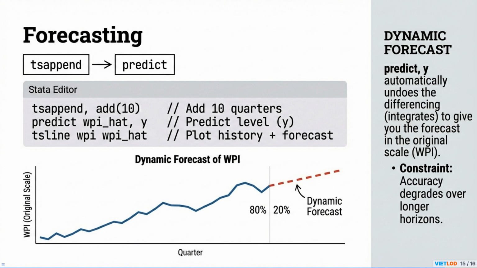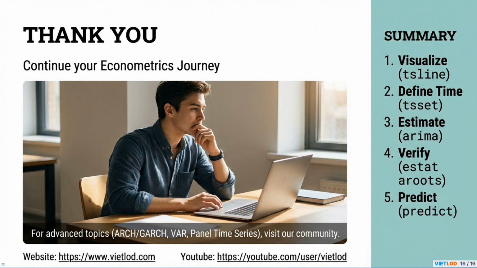The forecasting process involves two main commands. First, we use the tsappend command to extend the dataset by adding new time periods for which we want forecasts. For example, tsappend, add(10) would add 10 new quarters. Second, the predict command generates the forecast values. The option y is crucial here, as it tells Stata to produce the forecast in the original scale of the dependent variable, automatically reversing any differencing or transformations that were applied during model estimation.